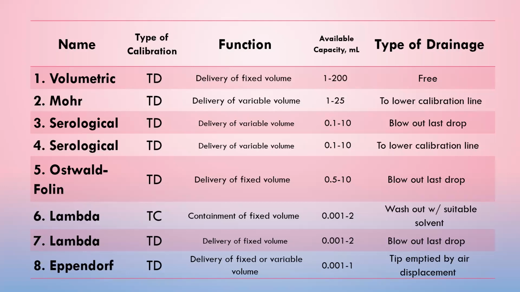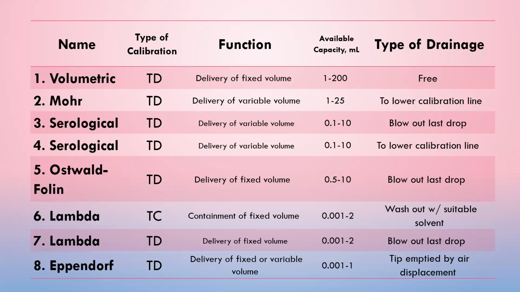And pipettes also vary in size. When you say size, it refers to their capacity in ml. Kung gaano karaming liquid yung kaya nilang i-accommodate para ma-transfer from one container to another. So the largest pipette that we have is the volumetric pipette.